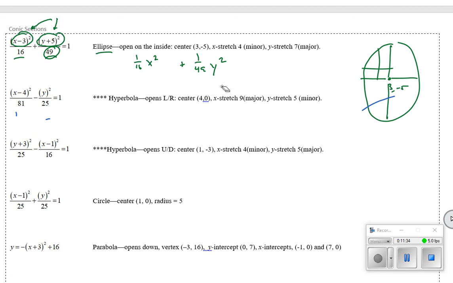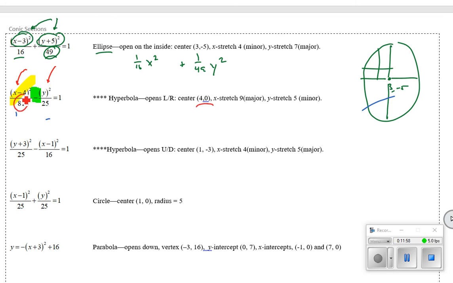How do I know it's a hyperbola? Because they have different signs. How do I know it's left and right? Because x is first. The center, like we do with our circles in our top 12 problems, is positive 4, 0.